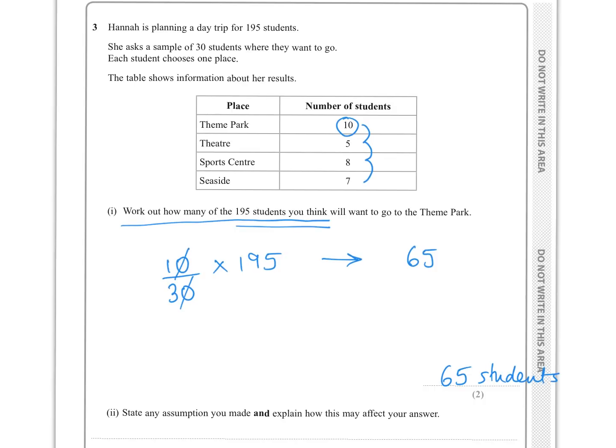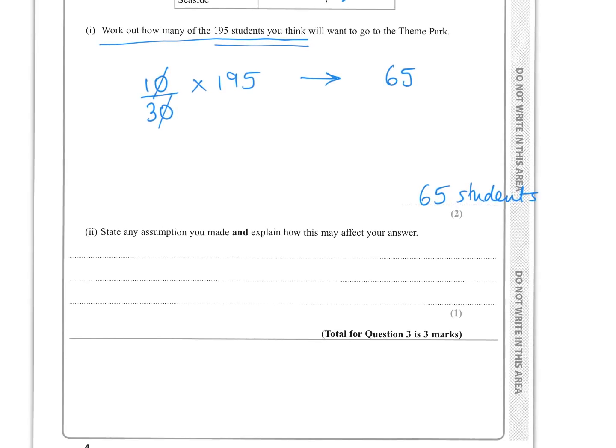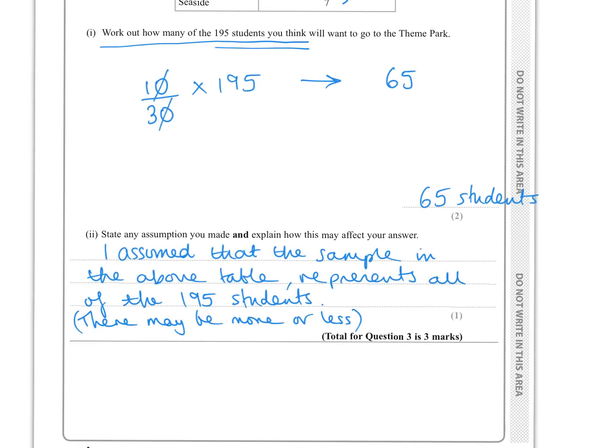Now, part 2 says, state any assumption you made and explain how this may affect your answer. So I've written my answer. I said I assumed that the sample in the above table represents all of the 195 students, and I've said there may be, of course, more or less than 65.